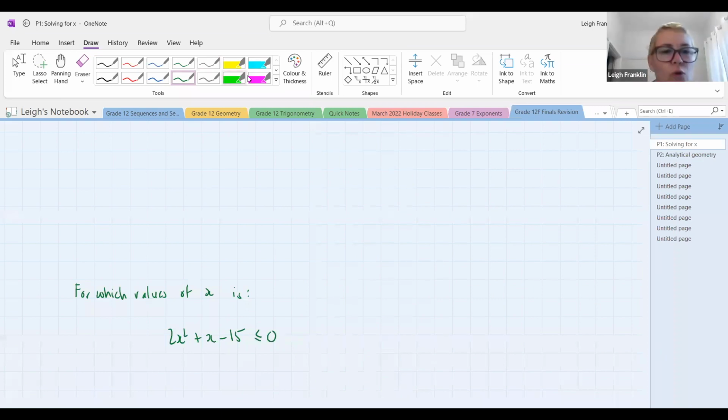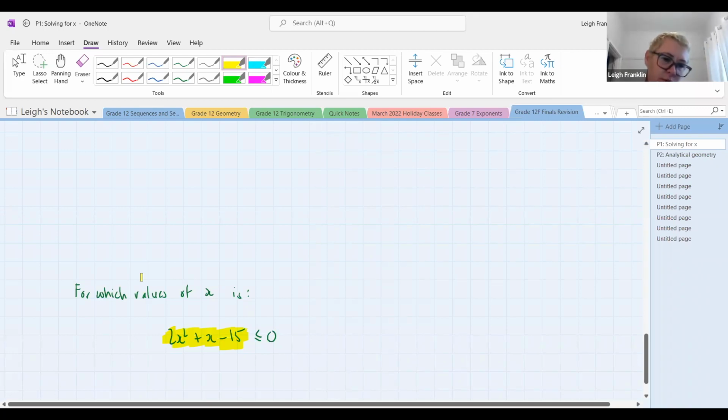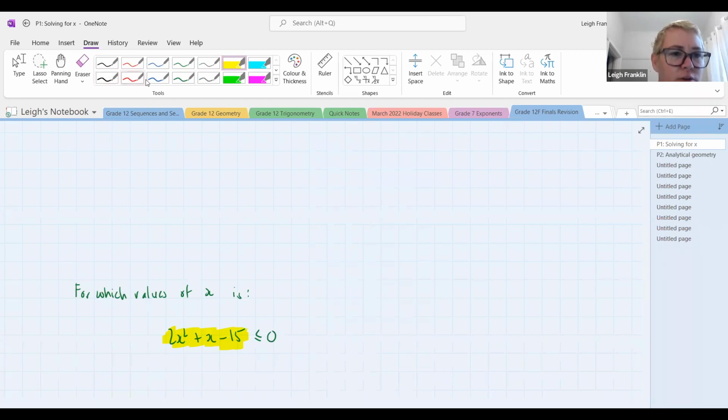So what I want you guys to understand is that what I'm highlighting in yellow, this is a quadratic function, right? So in other words, if I was going to write a quadratic function, I would write it in terms of y or f of x. I would say y equals 2x squared plus x minus 15.